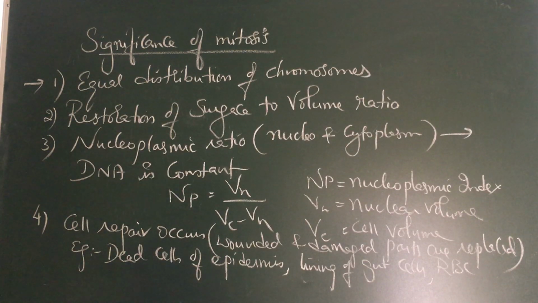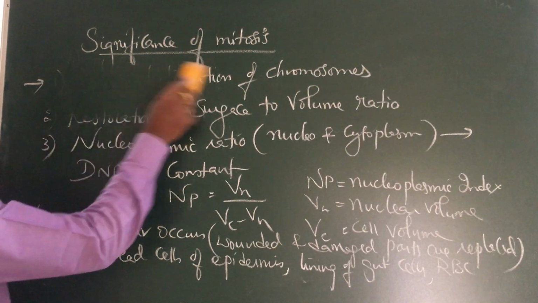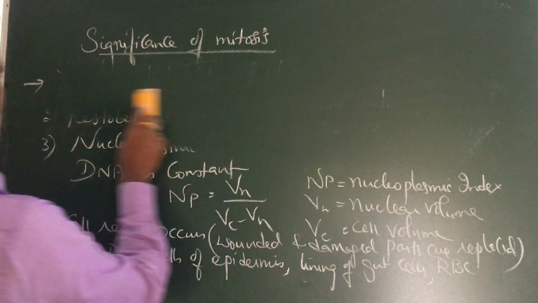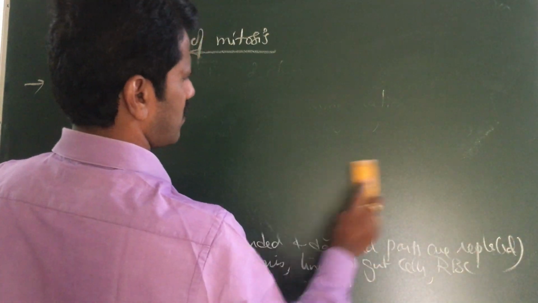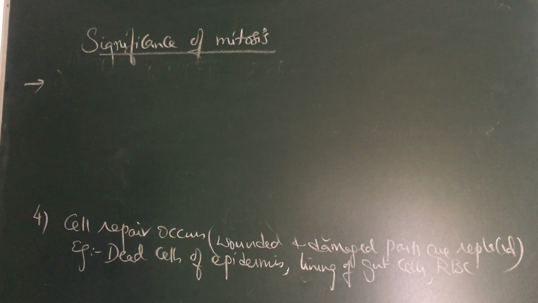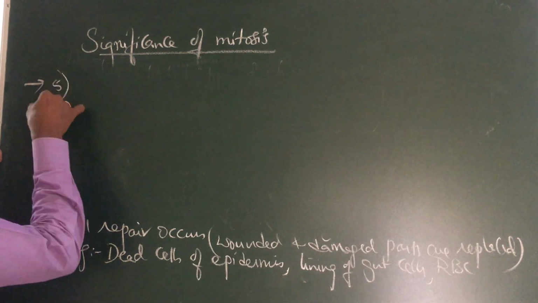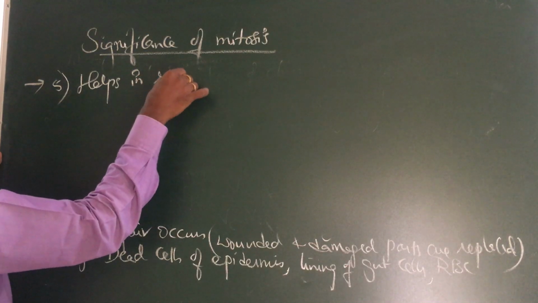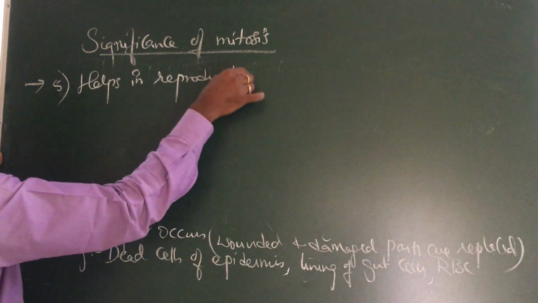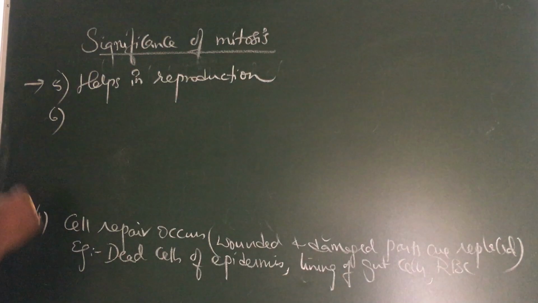Next, mitosis helps in reproduction and grafting in vegetative reproduction. Mitosis helps in reproduction.